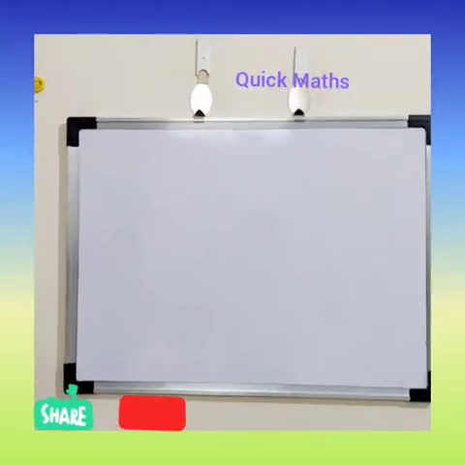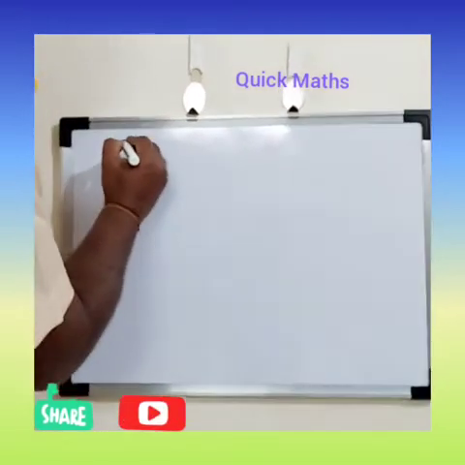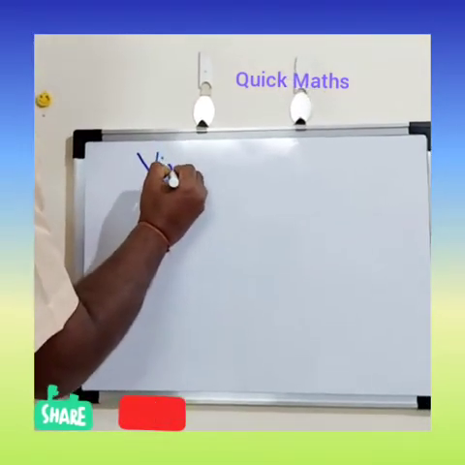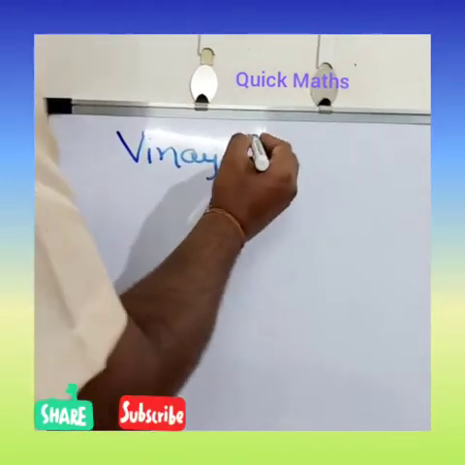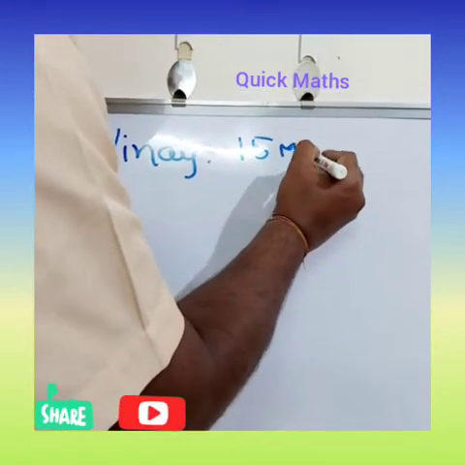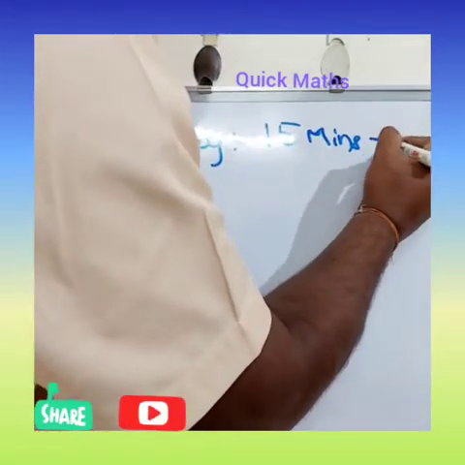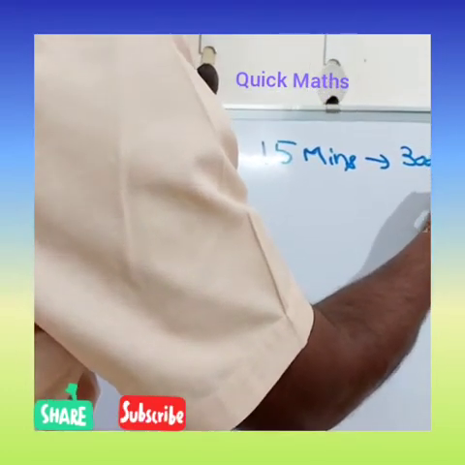We'll discuss one more problem, related to direct proportion. A person named Vinay reads 300 pages of a book in 15 minutes.